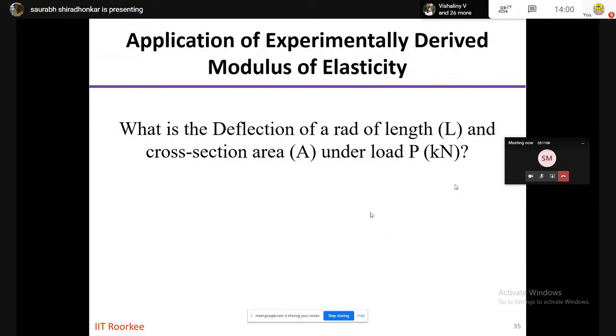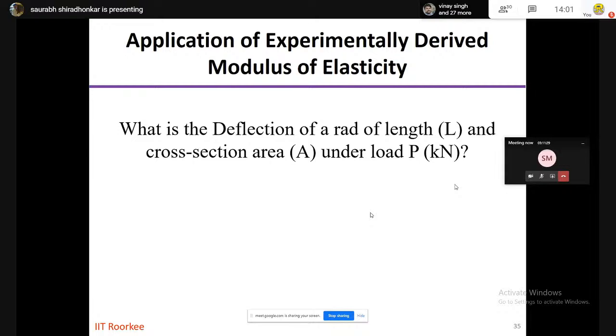Now, let's say I got this modulus of elasticity from this experiment, and now the same steel element I use as a rod, and apply load P to it, having cross section A. Will the deflection that I get be a single value or a different value?